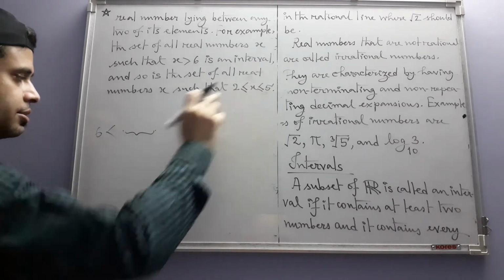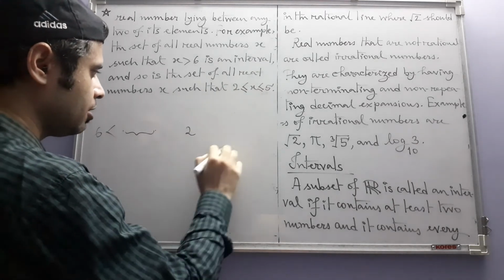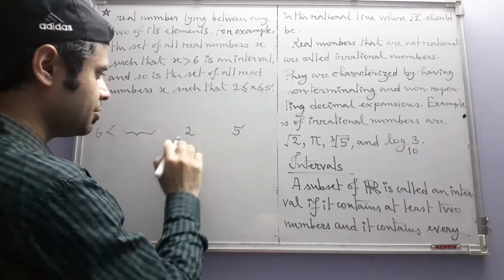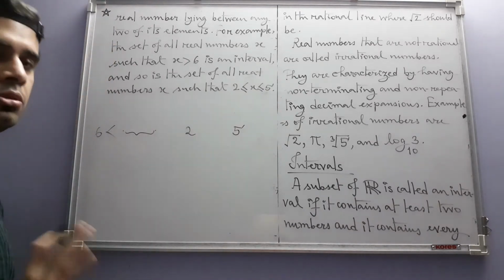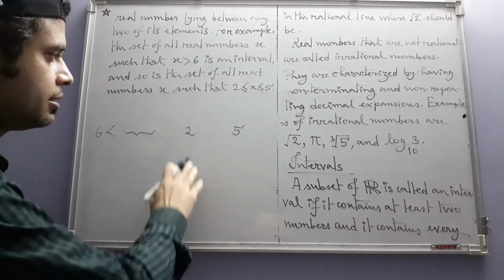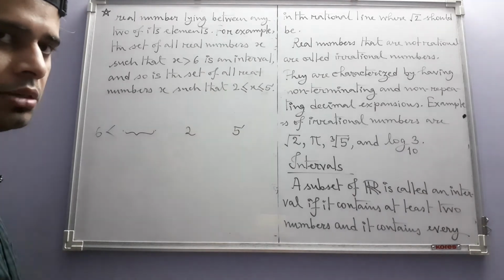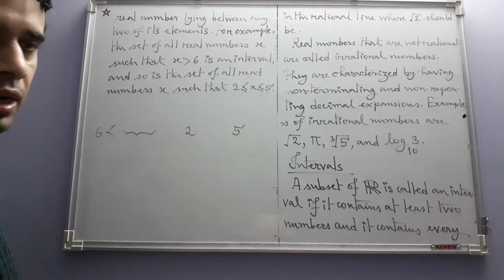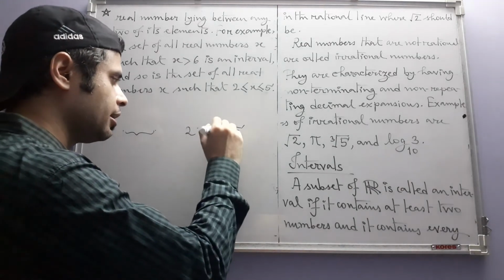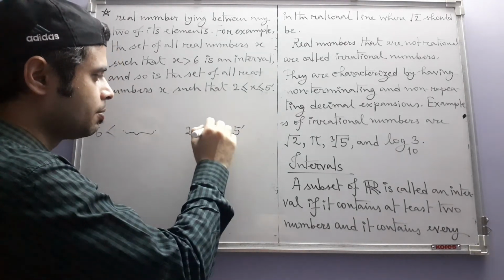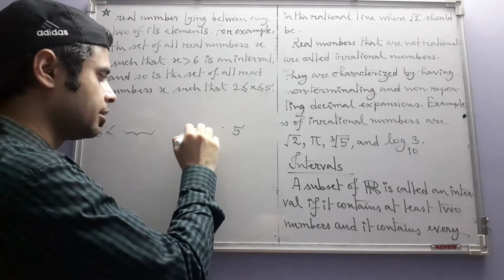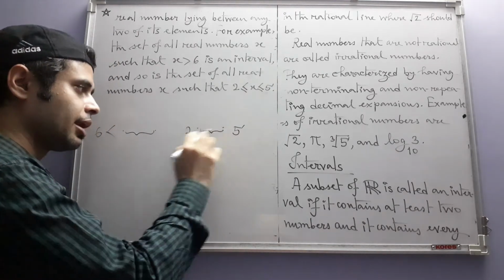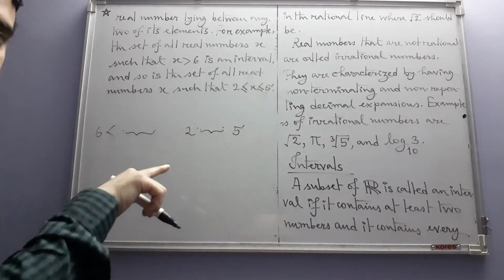Another example is this: the set of all real numbers lying between 2 and 5 including 2 and 5. Clearly this set has at least two elements, 2 and 5 are there. Also, for example, 3 and 4 are there. And if you choose any two points in this set, then all the real numbers lying between those 2 points are also in the set.